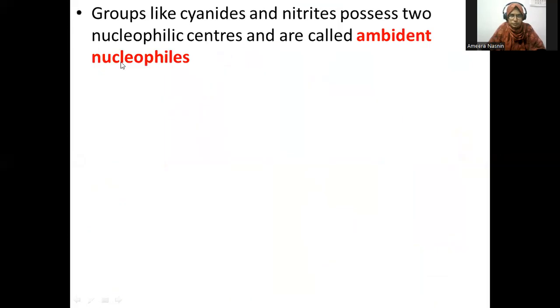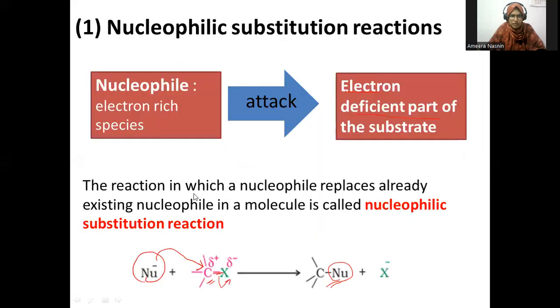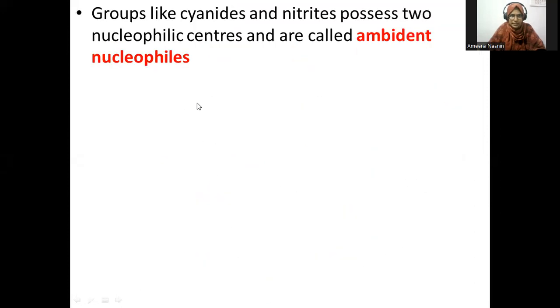So these kind of nucleophiles, where the groups like cyanide and nitrite possess two nucleophilic centers, are called ambident nucleophiles. If you are taking cyanide, for example, this particular nucleophile can form a bond using this carbon or this nitrogen.